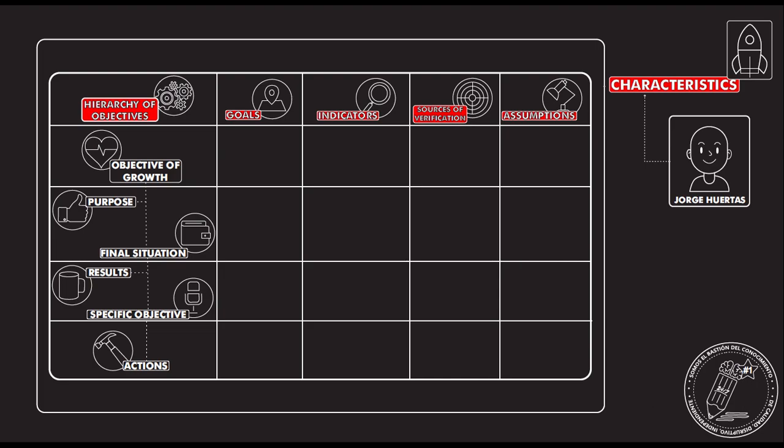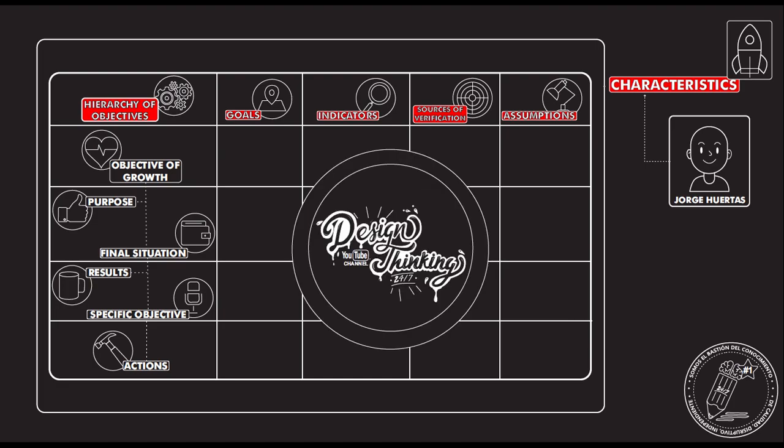The actions are very, very important because they are the ones that will show you how everything is developing. So this tool is very important when you want to develop a specific thing, a product or a service, and you want to develop it quickly and straightforwardly. So that is very, very important.